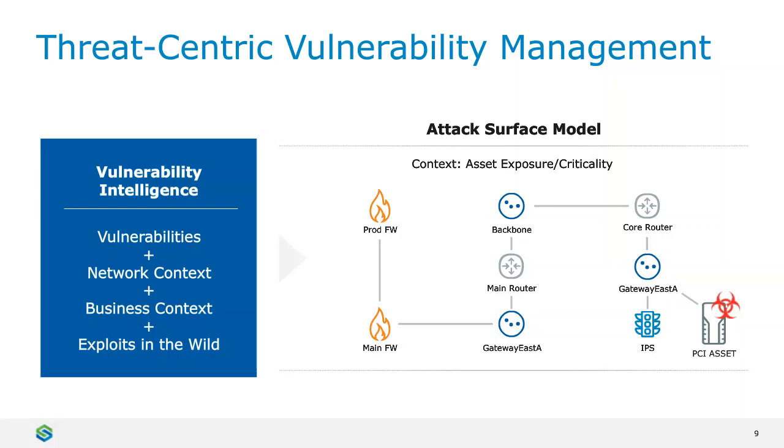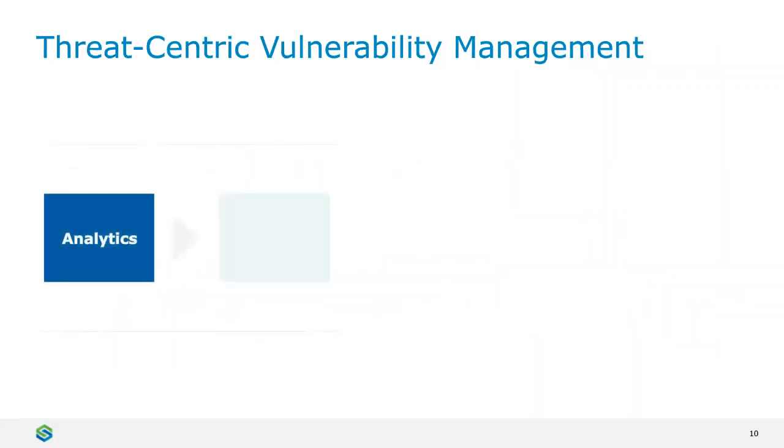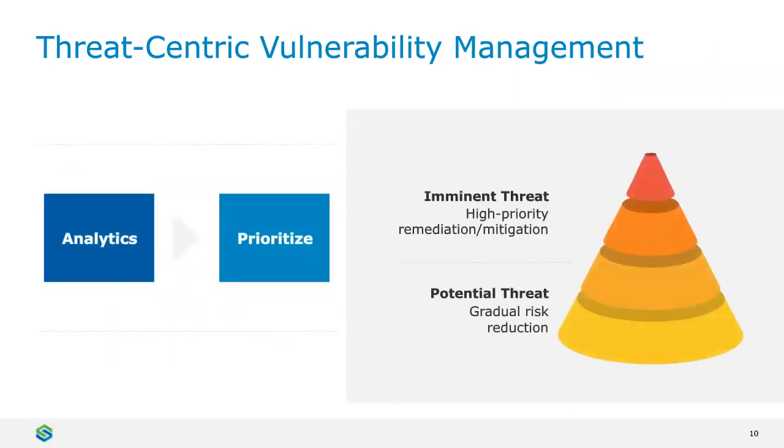And what Skybox does is it will take that context of the network, the vulnerability, the business asset, where it is, if it's being exploited in the wild, we'll perform analytics on that and then give you a prioritization list with imminent stuff that you need to fix right now at the top of this cone, and that's stuff that we know is easily exploitable, easy to exploit vulnerabilities, directly exposed vulnerabilities, and stuff that's being exploited in the wild.